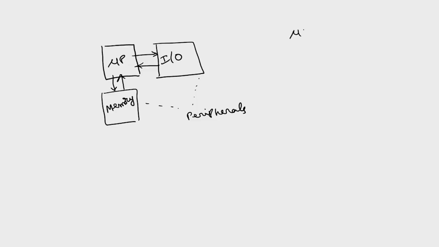So, coming to these microprocessor operations. What are the operations that can be performed by the microprocessor? The microprocessor operations can be broadly classified into 3 categories. One is microprocessor initiated operations.